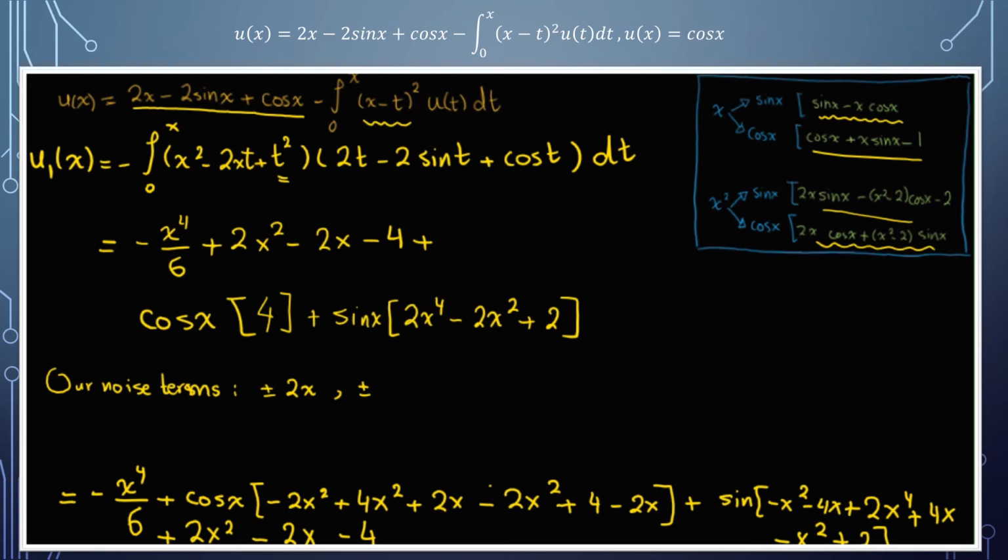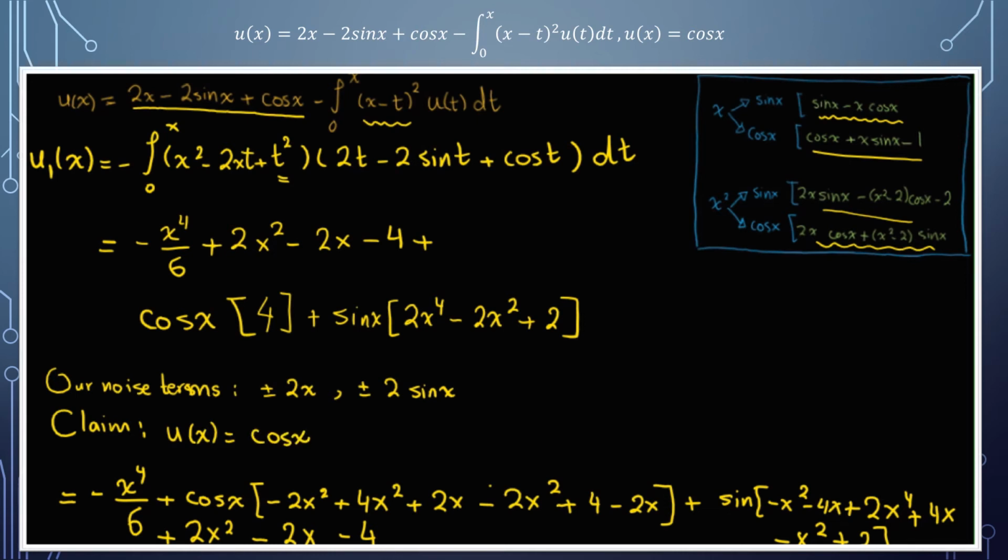So plus and minus 2 sine x, and there is now here minus cosine x. So those are the noise terms. What is the part that remains when adding u0 plus u1? From u0 it is cosine x. So the claim will be u of x equal to cosine x.